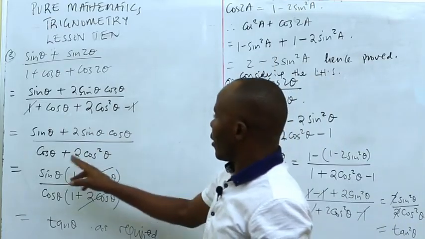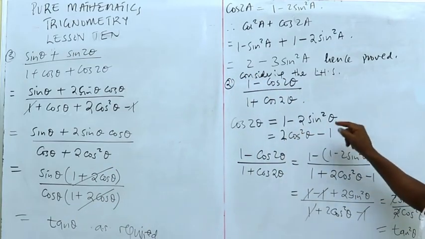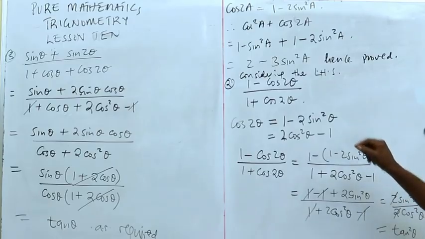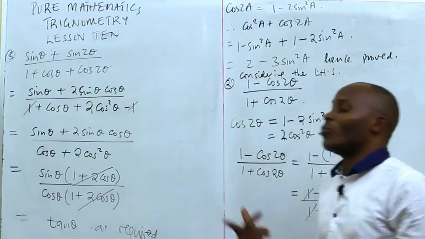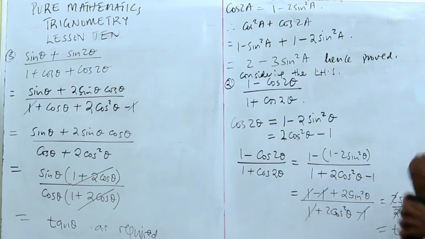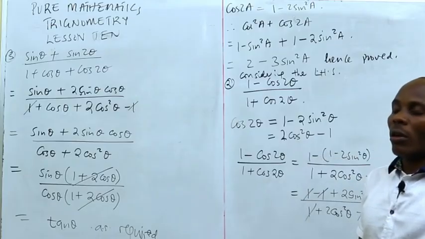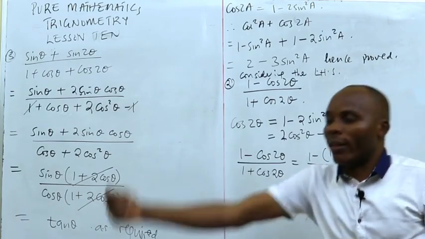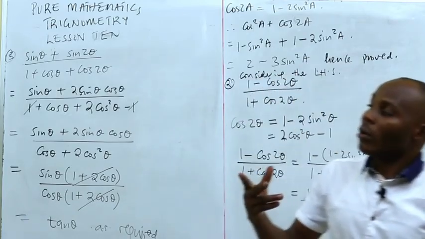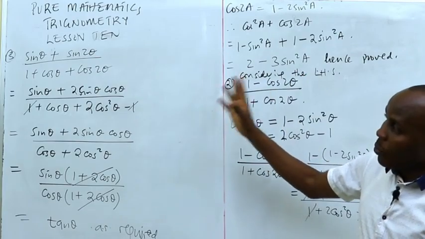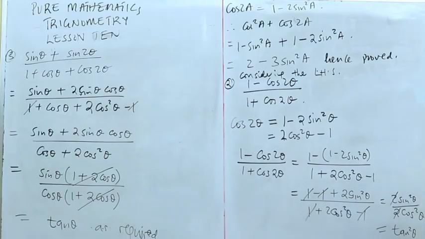I've used cos squared theta plus sine squared theta equals 1 several times. Reason: it is a build up. We start from somewhere, and one identity can lead us to another. We keep using them to show as many identities as you can imagine.